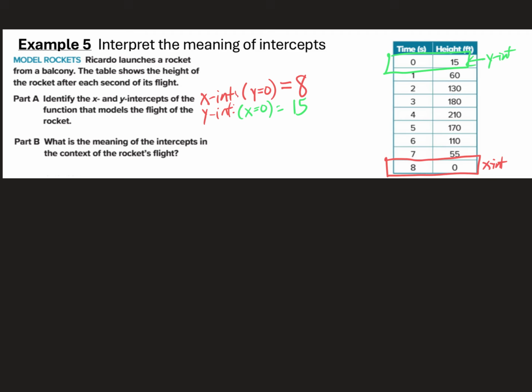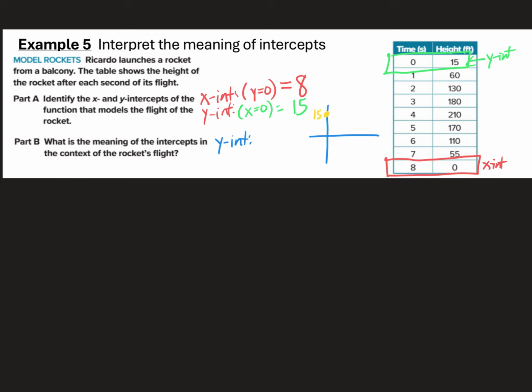Now, for part B, what is the meaning of the intercepts in the context of the rocket's flight? I want to start with the y-intercept to explain the meaning. So the y-intercept, I drew a graph. The y-intercept, that's where x is 0. So where x is 0, the y-intercept is going to be 15.